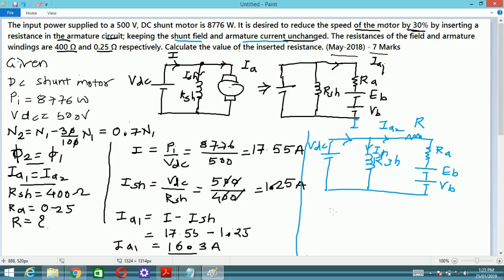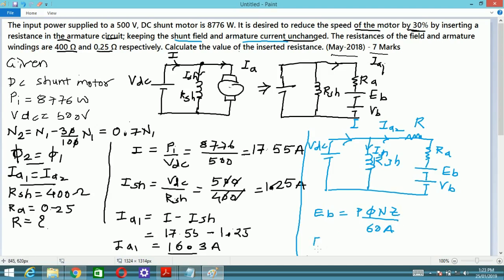Now according to the back EMF equation of a DC motor, we know that EB is equal to P phi NZ upon 60A. We know the value of poles, and whether it is a lap winding or a wave winding, so 60 we can consider as a constant. Similarly, Z is the number of conductors.